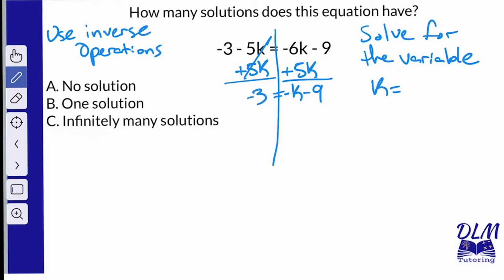So negative 6 plus positive 5k equals negative k. Now I need to get this negative 9 over to the other side, so I'm going to add 9 to both sides, again creating that zero pair, leaving me with just negative k over on this side, and on my left side I see that I have positive 6.